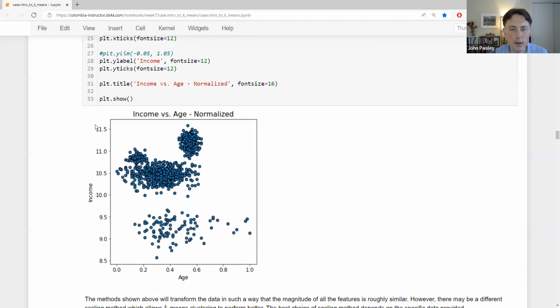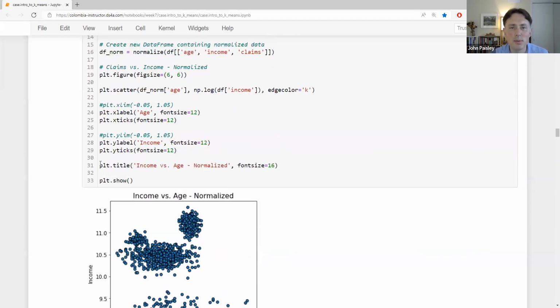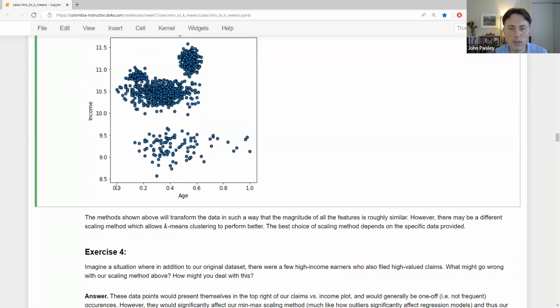We've scaled the income. I'm not sure if this is the log of the income. Let me check perhaps. Yeah, so you see here, this is the log of the income. So we've scaled the age to be between 0 and 1, and we've scaled the income by calculating its log.